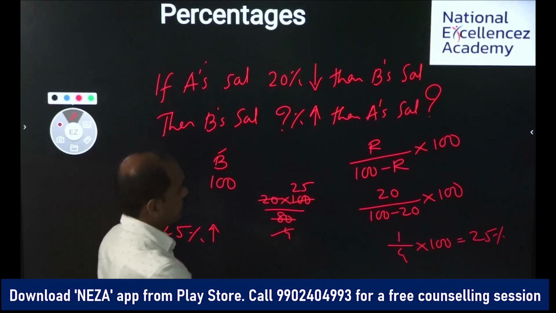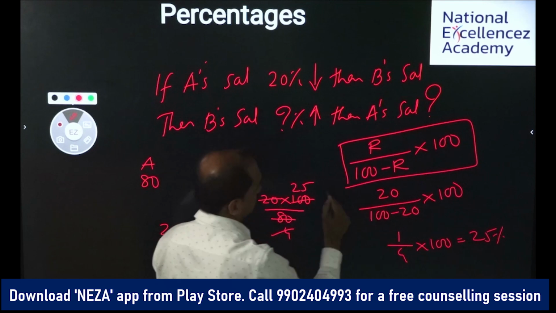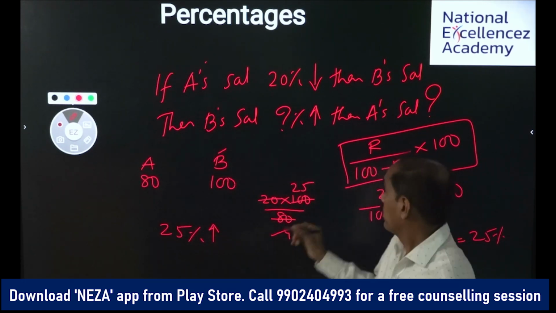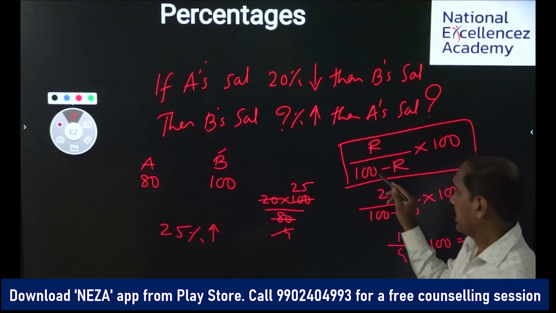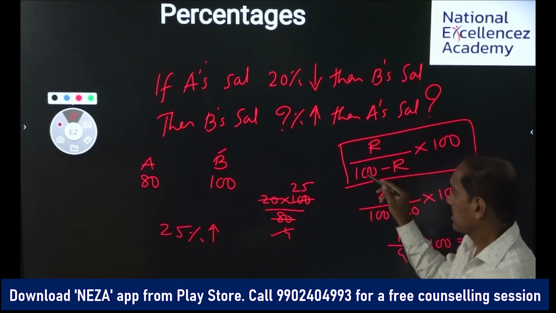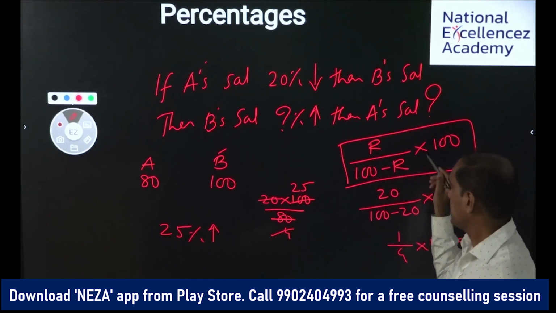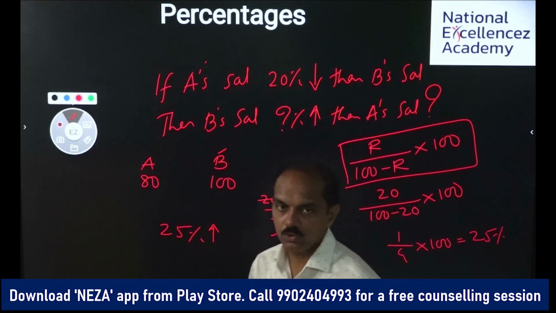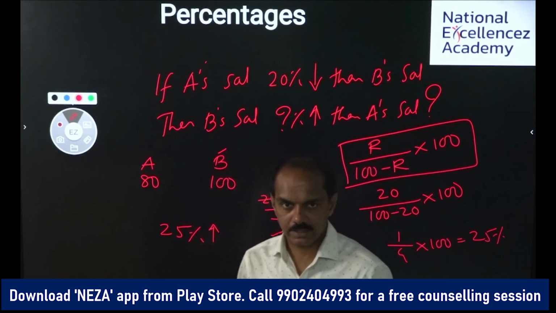So this is the advantage of learning this formula. R by 100 minus R into 100, and R divided by 100 plus R into 100. These are the two formulae which can be used in two different cases.